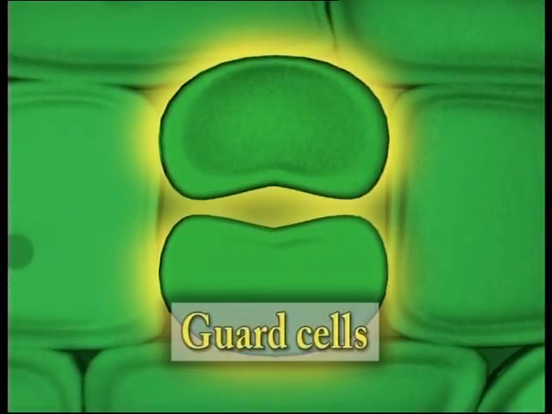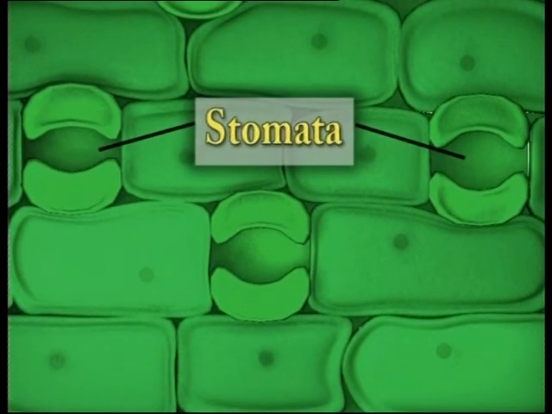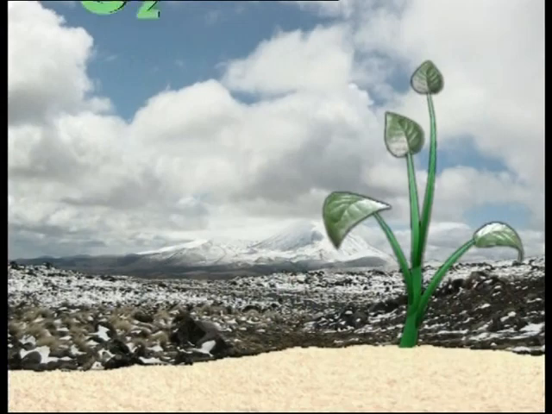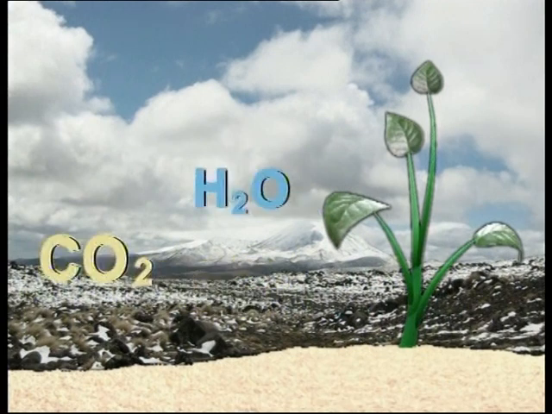Stomata have a pair of bean-shaped guard cells to control the loss of water from plants. These cells control the pore size of the stomata. Besides water, gases like oxygen and carbon dioxide diffuse in and out of the leaf through the stomata during photosynthesis and respiration.